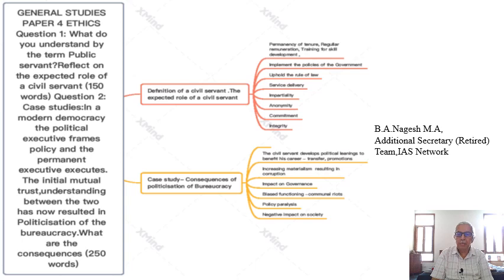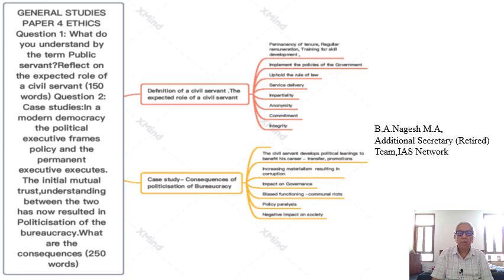The chapter on civil service is covered in Public Administration Paper 1, Paper 2. A bit of it is covered in General Studies Paper 2, role of the civil service. Then again in Political Science and International Relations, Paper 1, Section A, we have the topic civil service.